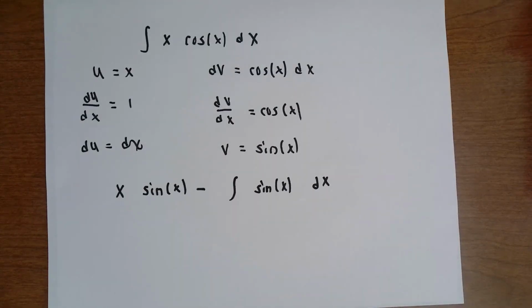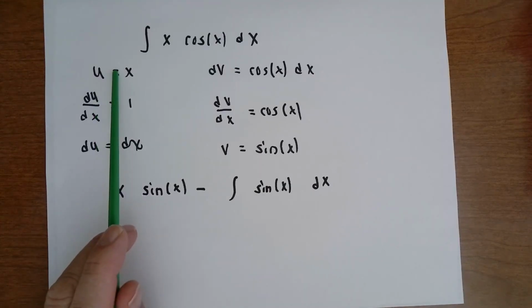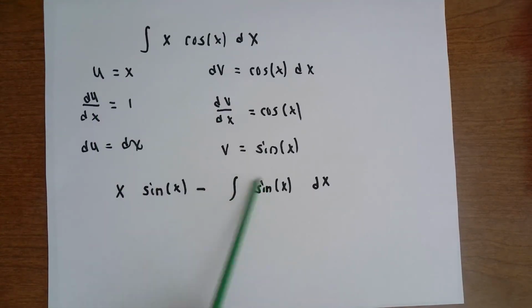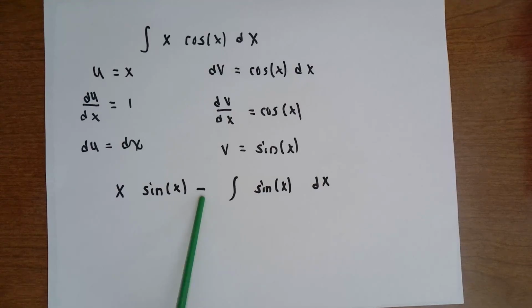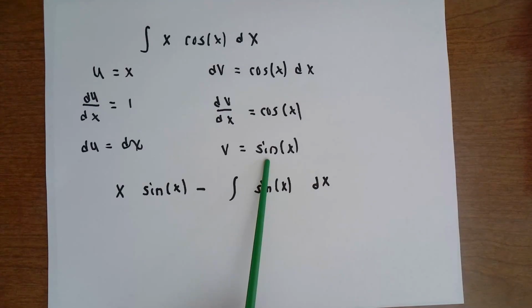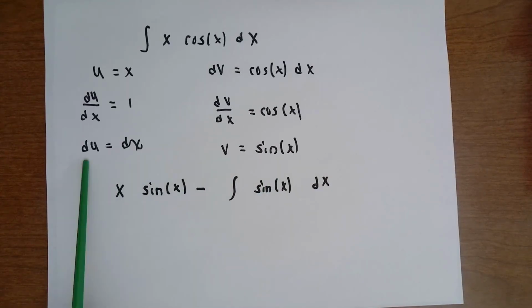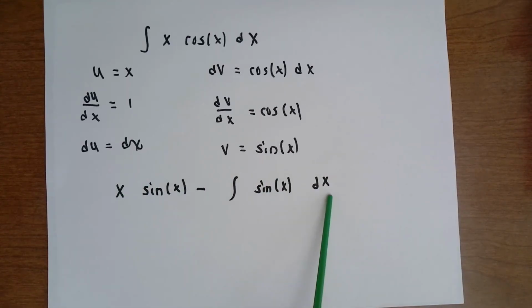The integration by parts formula is u times v, x times sine x, minus the integral of v du. The integral of sine x du is dx. The desired thing has happened.